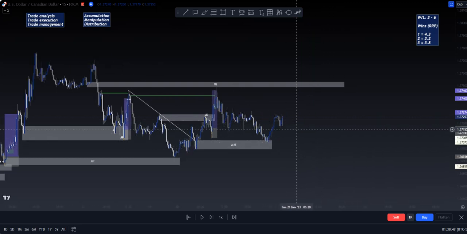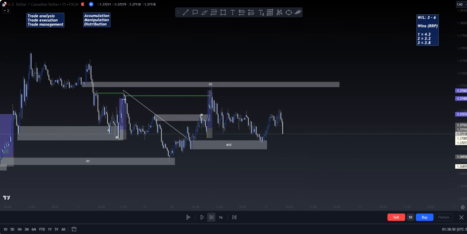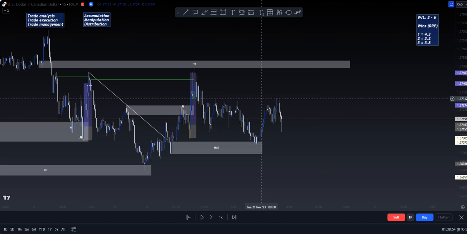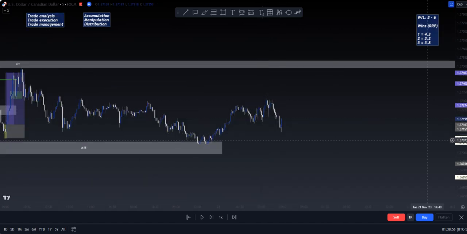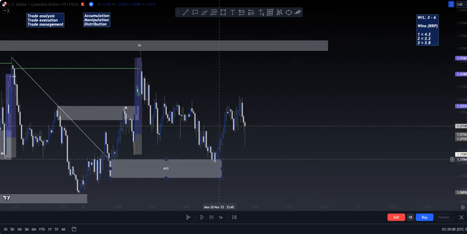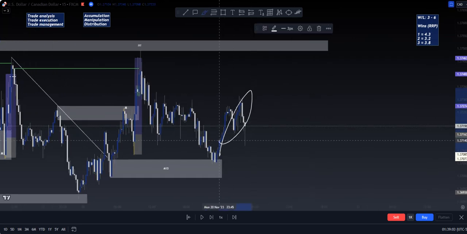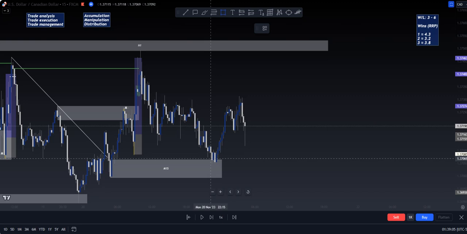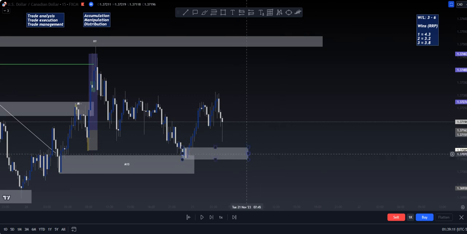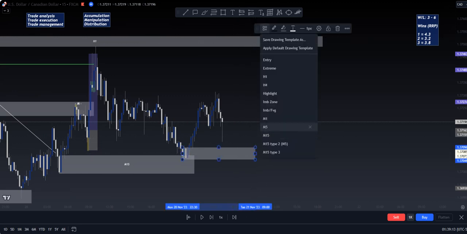Market takes off, it's making its move. I have an opportunity to get in as the market comes back. Because we have a new demand zone from this impulse here. And this is my way to get back in.